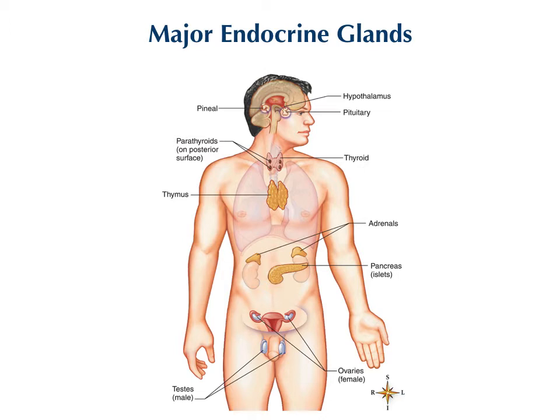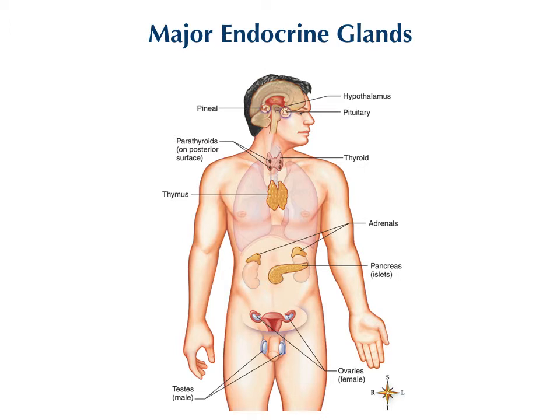We previously talked about the exocrine pancreas when we were in the digestive system, so this time we'll focus on the endocrine pancreas and the production of our endocrine cells.